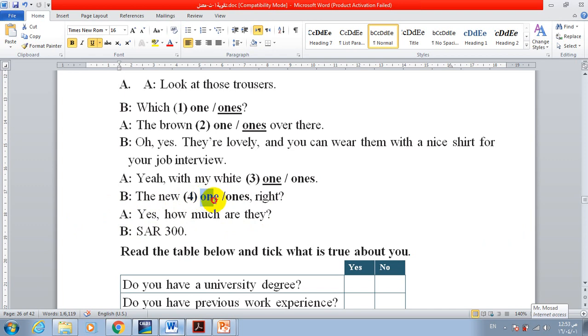Yes, the right answer here is one too, because in the two sentences, number 3 and number 4, they are relating to the singular noun, shirt. So when we want to refer to a singular noun, we use one, not ones, as I told you before. He answers, yes, how much are they? B. $300 sir or riyal.